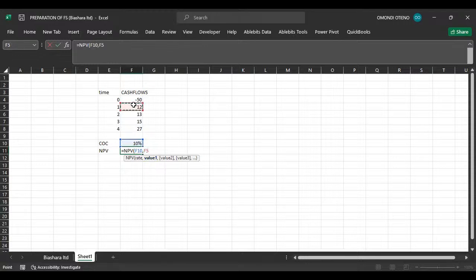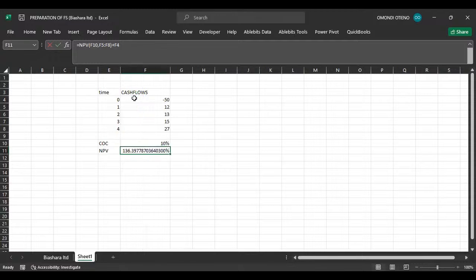Copy all those figures up to 27. Close brackets. And then now you have to pick the initial outlay independently. Because the initial outlay there is negative, you say plus that negative 50. You go to that negative 50, pick it. And then you say control enter, or just enter.